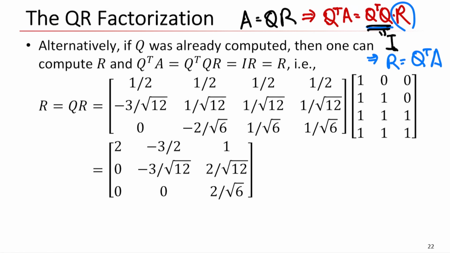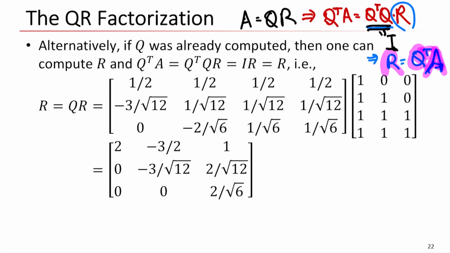It is a very good indicator. So we already know the matrix A, right? Then we can easily find out the matrix Q by using the Gram-Schmidt process. Then by multiplying Q transpose to the matrix A, we can find out the matrix R, right?